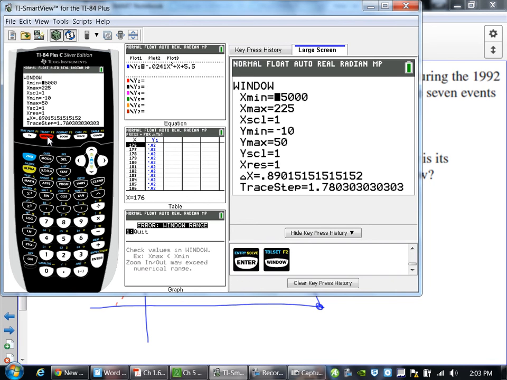So if I look at my window, it's all messed up. So I'm just going to say my window at negative 10. I'm going to put my maximum.